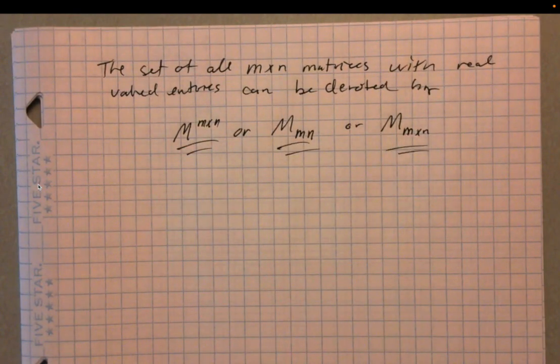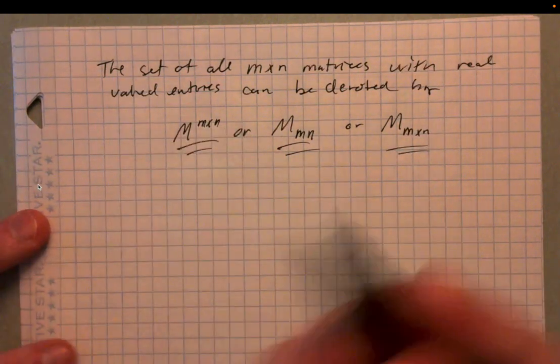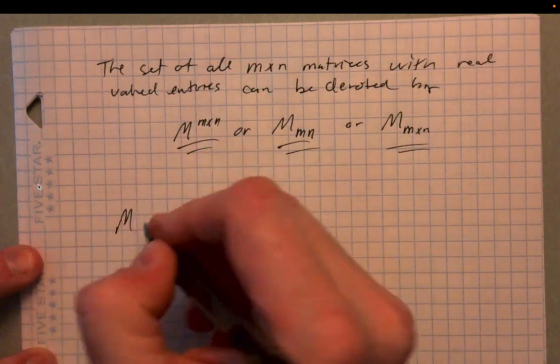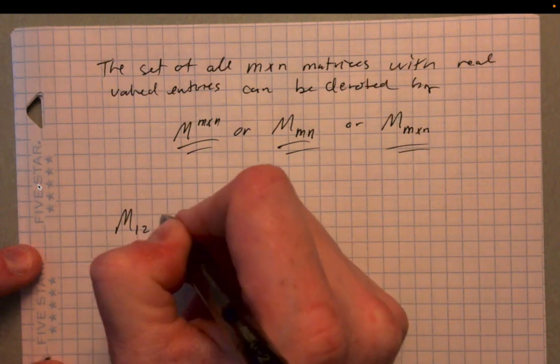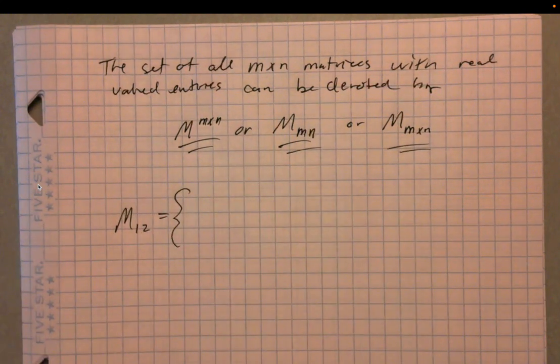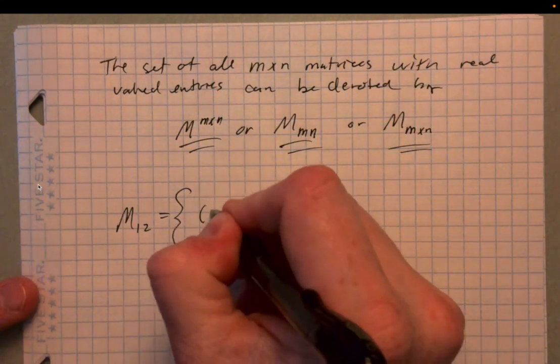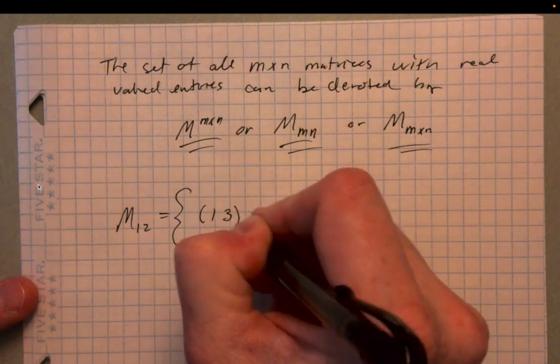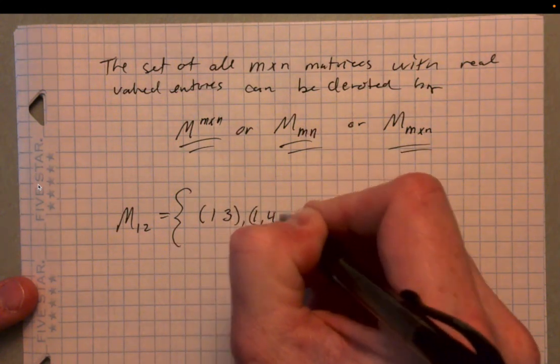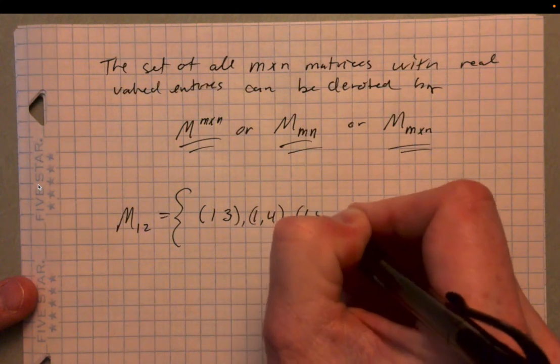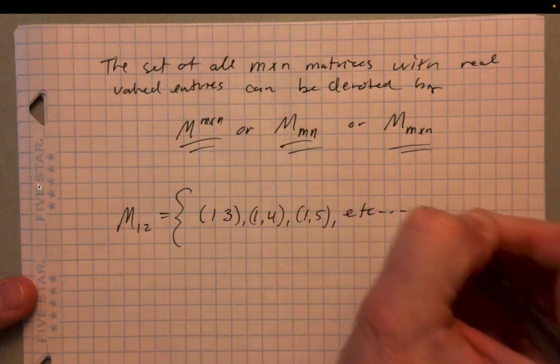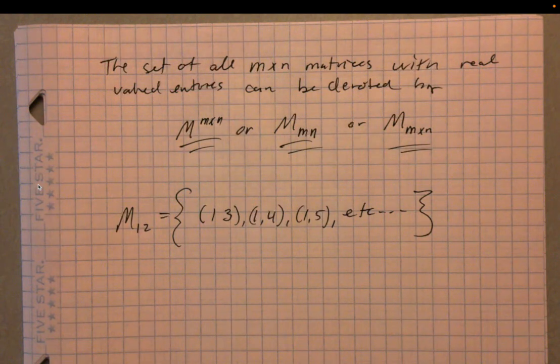What we're talking about is a set of matrices here. For example, the set of matrices M12 would be equal to all of the matrices that are one row and two columns. So things like this. It'd be a set of all such matrices of this form.